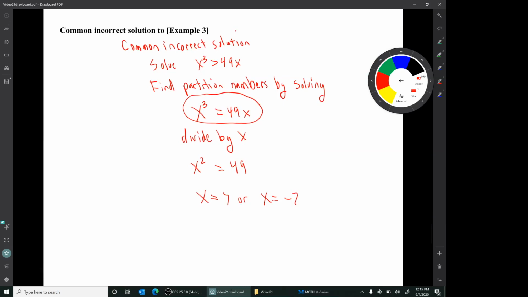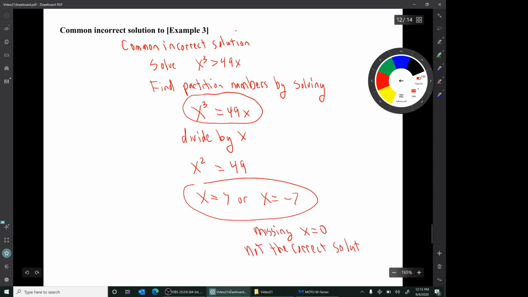In this current solution, we didn't do that. We just set up an equation and we solved that equation. And look, we're missing a partition number. So this is not the correct solution.